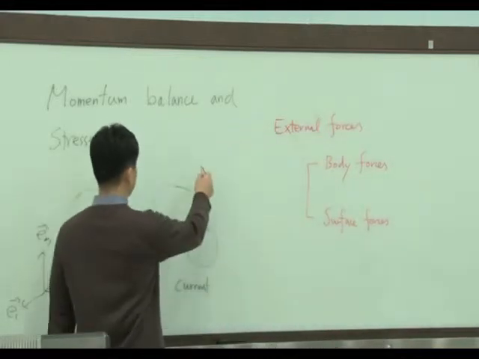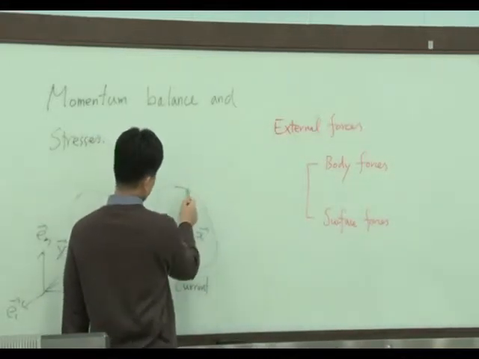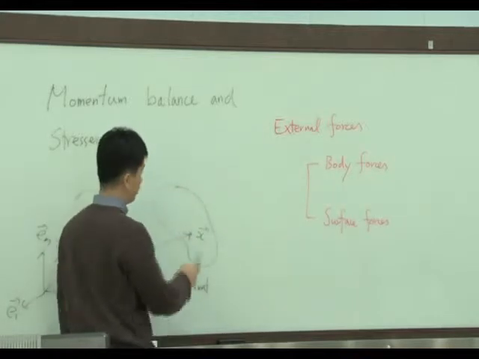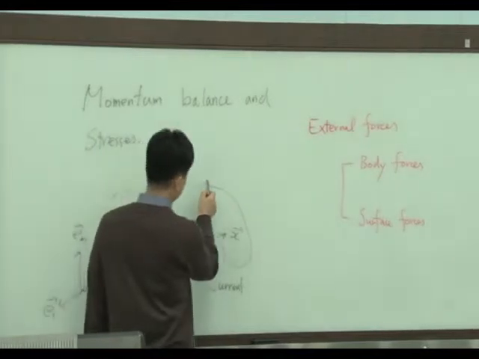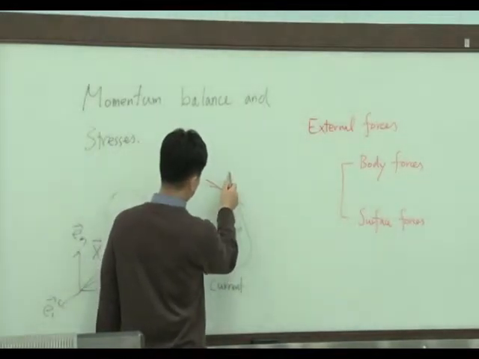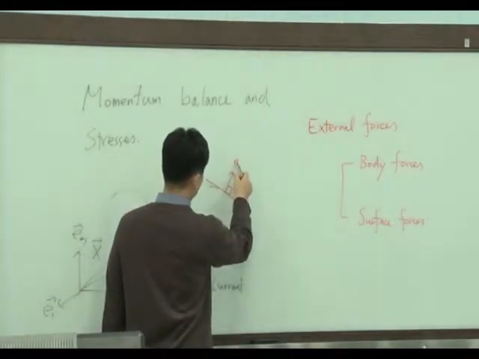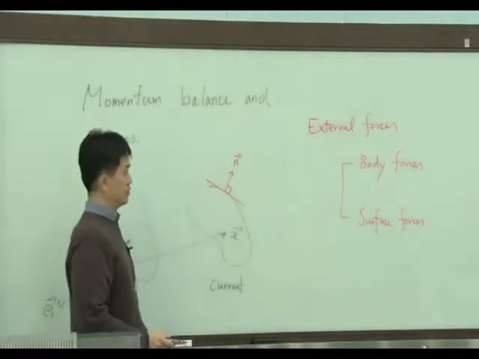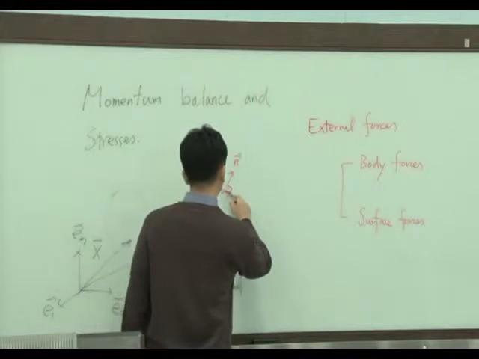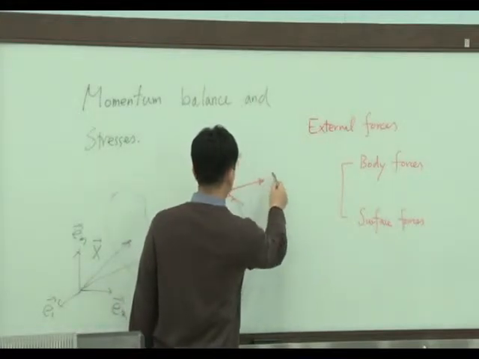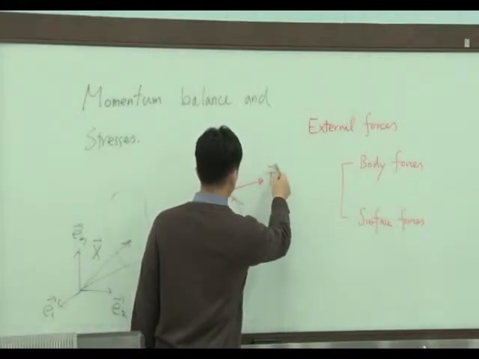Surface force, you remember when we define the surface, we first defined its normal vector, right? Surface is defined by its normal vector. So let's say we have a normal vector n, and this is a surface force. Let's say surface force is T.